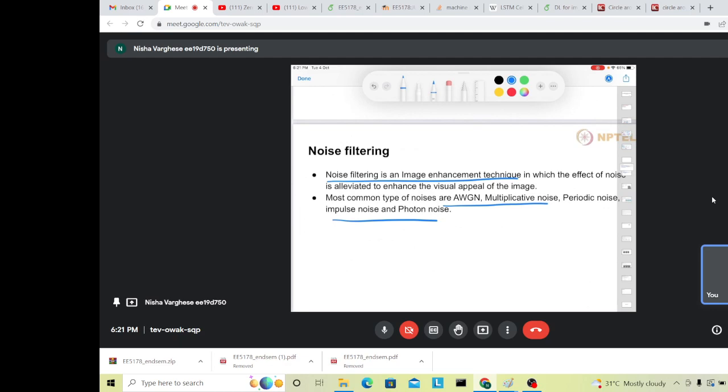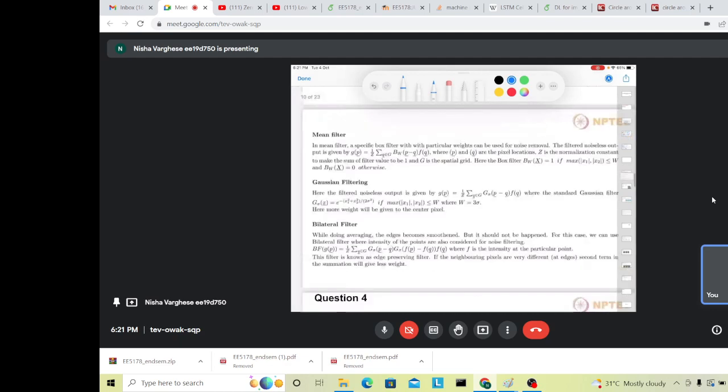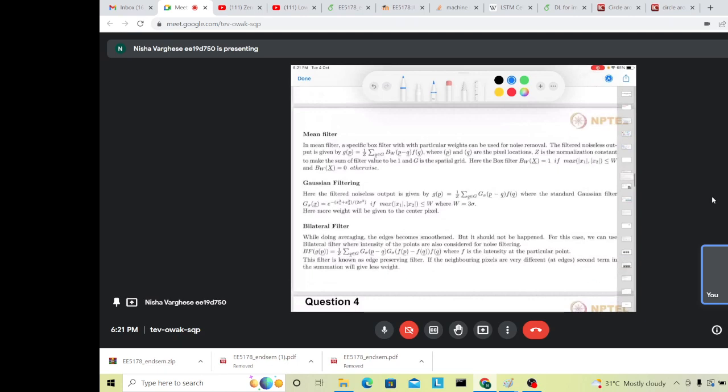So say we have an image with noise like this. There will be an underlying structure here, and on that structure some noise will look like this.